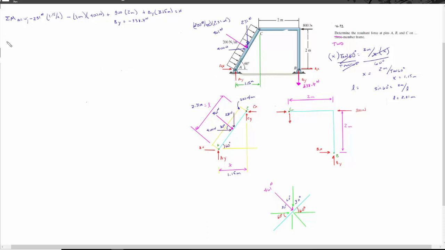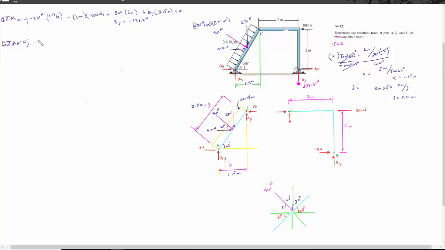We can also sum our moment, and this might be more simplistic. Sum my moment about point A. Now if I take this force, I know this distance is 2.31 meters. So this perpendicular distance from here to here is actually half of 2.31.